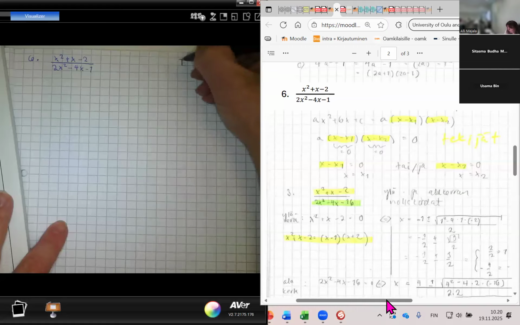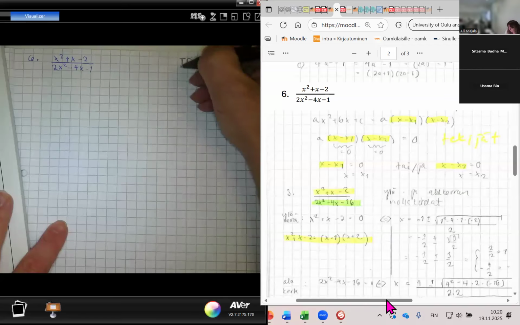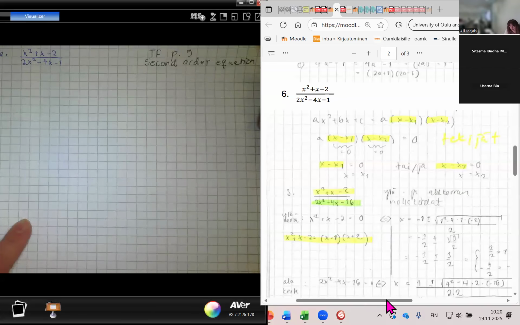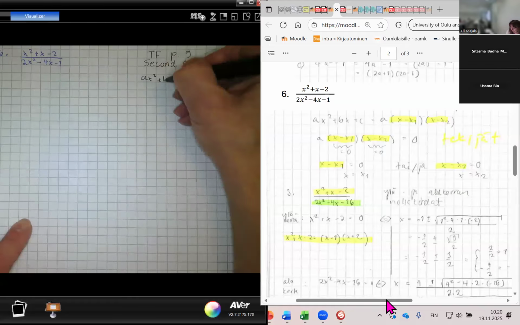So from the technical formulas I can find from page 9, second order equation. And it says that, first of all, the roots I can get with this kind of a dependence.